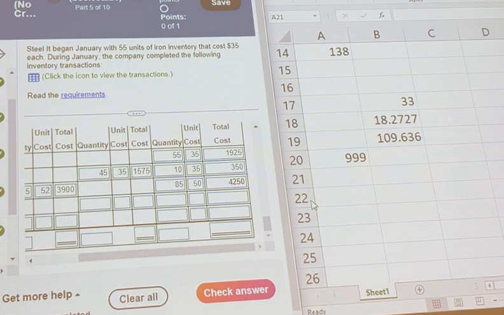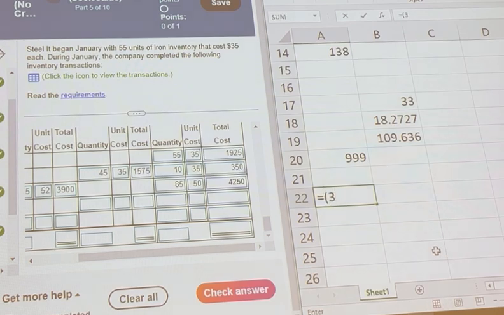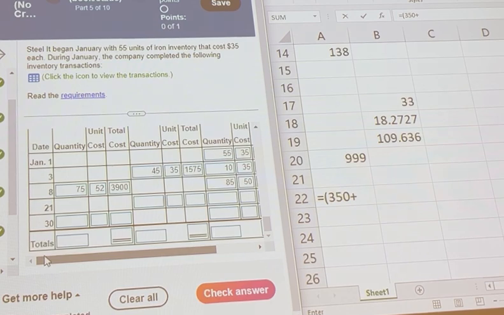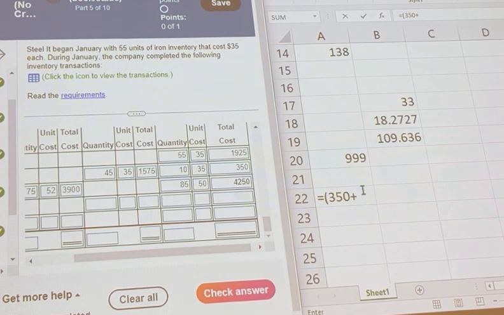On the 8th of the month, we had $350 in inventory, and we purchased $3,900 more.